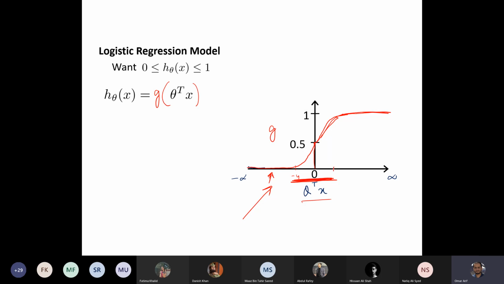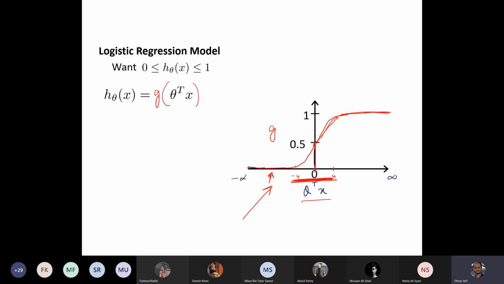Similarly, if the value is greater than around 4, you get approximately 1. In the values between -4 and 4, it slowly rises and converges to 1. And exactly at 0, it is going to be 0.5.